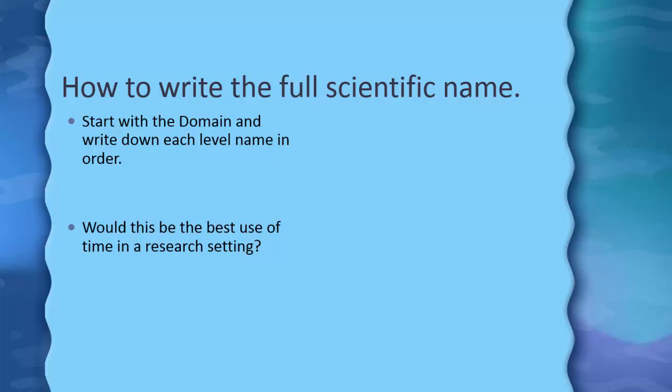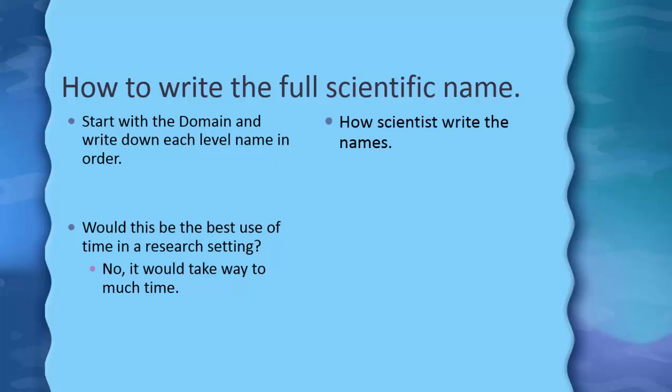Would this be the best use of time if you're in a research setting to have to constantly write all of that down? No, it takes way too much time and it'd be really repetitive. So how do scientists write down the names?